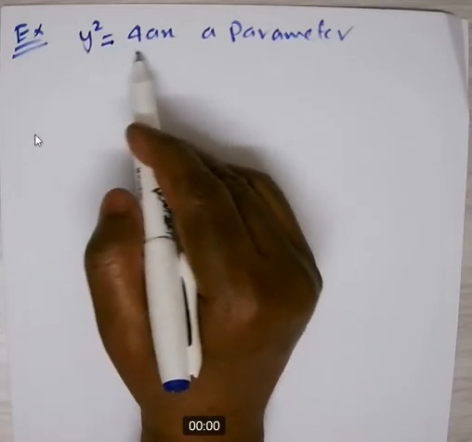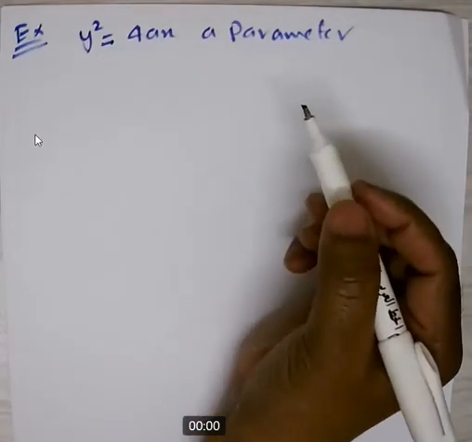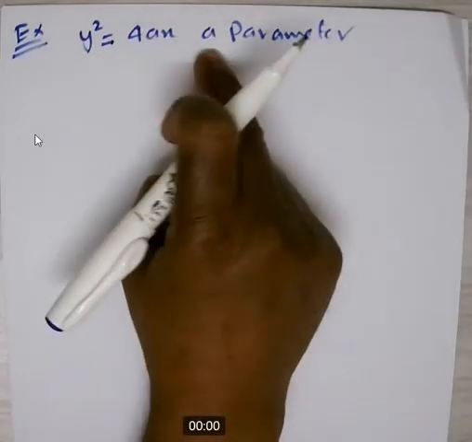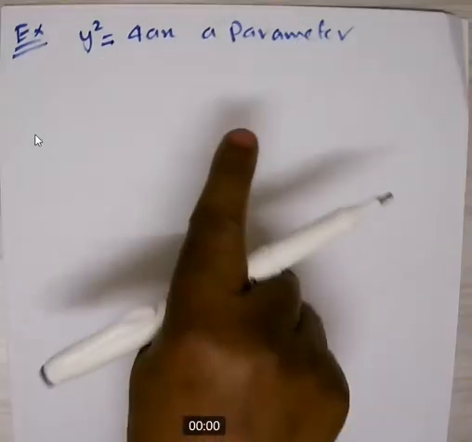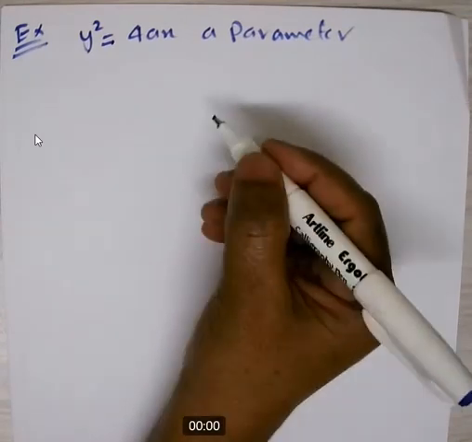Another example of that form is: find the orthogonal trajectory of y square is equal to 4ax, where a is a parameter. Again you have one arbitrary constant here, so you have to differentiate one time.